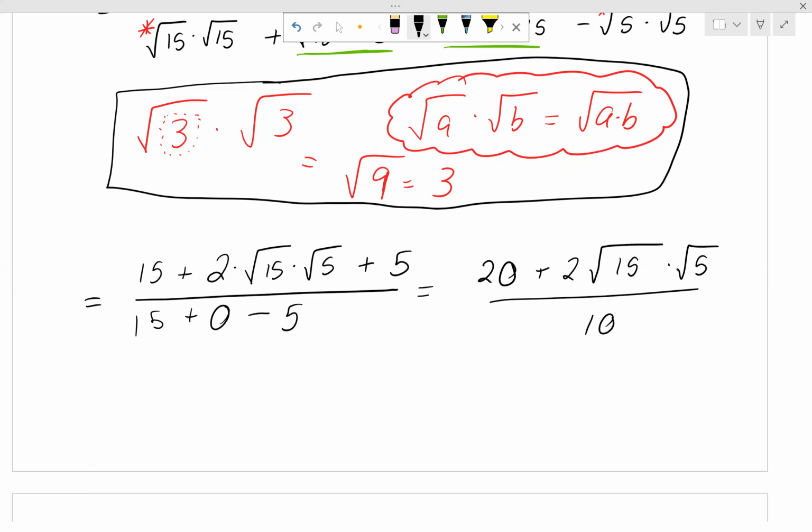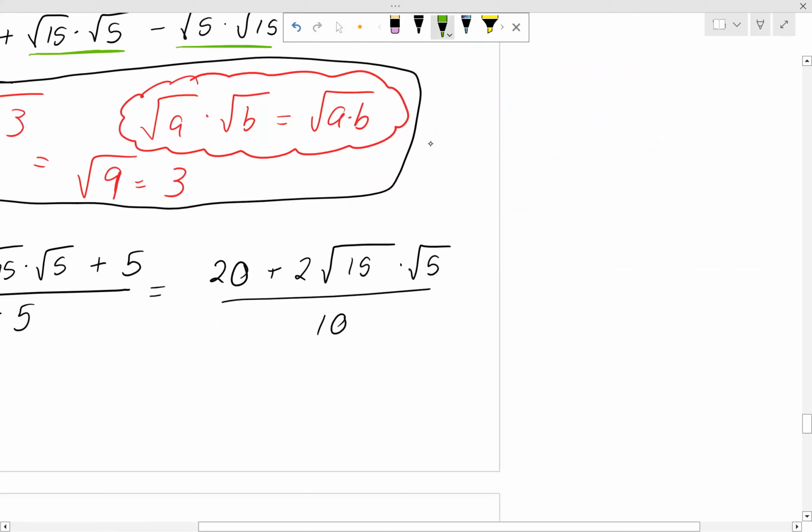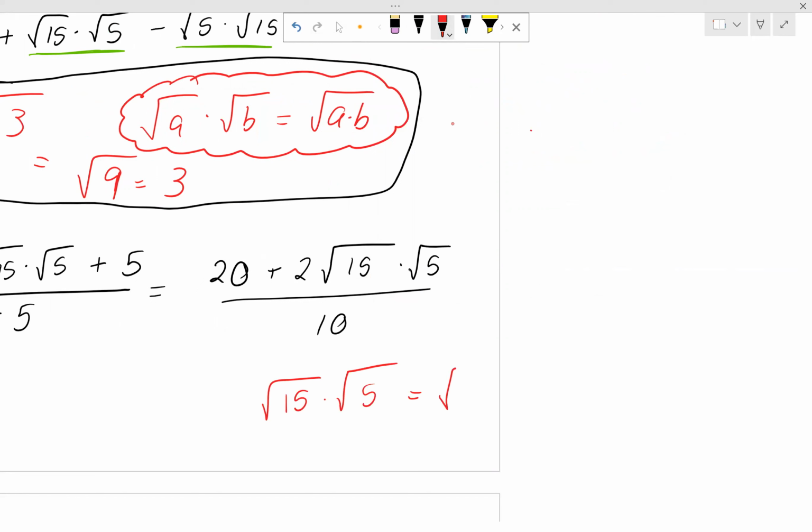All right, we've got a little bit more to go for this. Another fact that I can use is square root of 15 times square root of 5. That's the same as the square root of 15 times 5. And I know that 15 factors into 3 times 5.